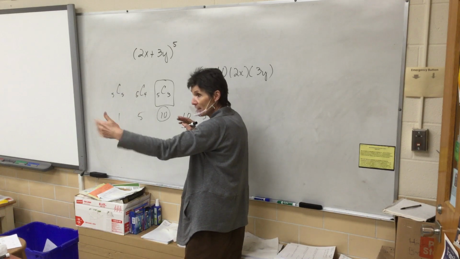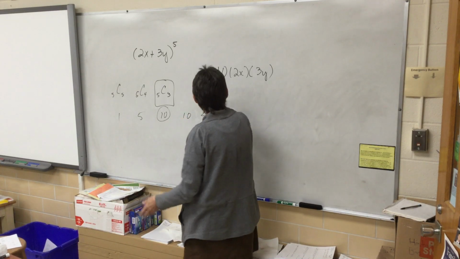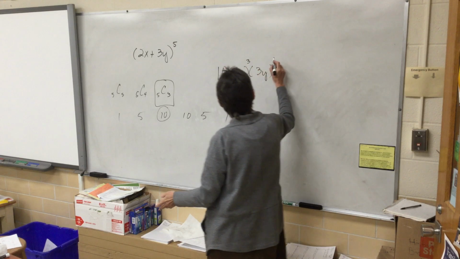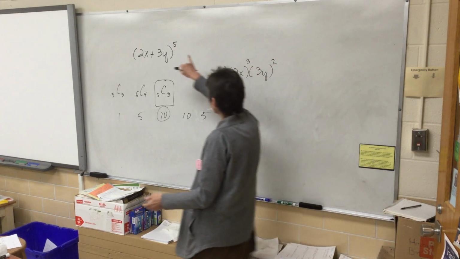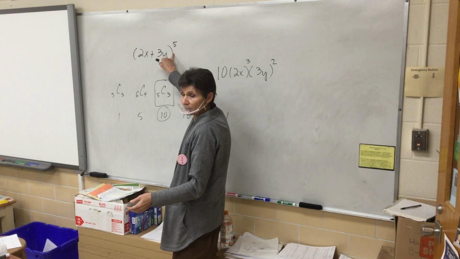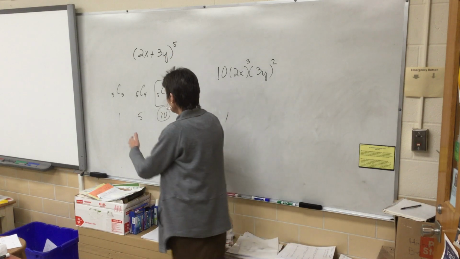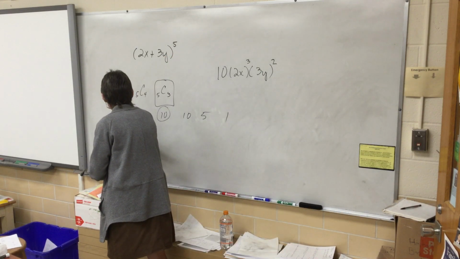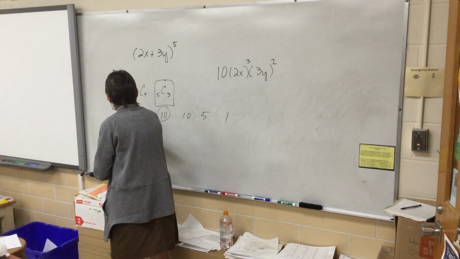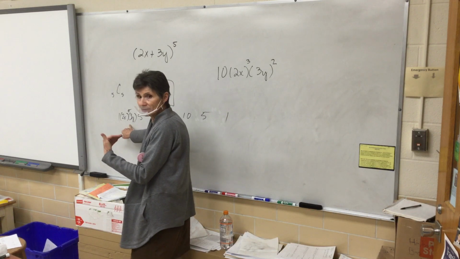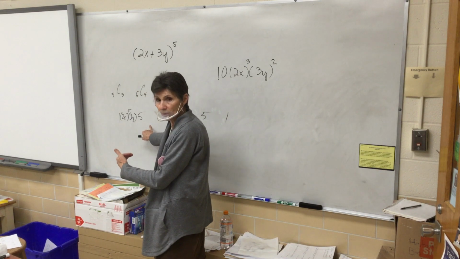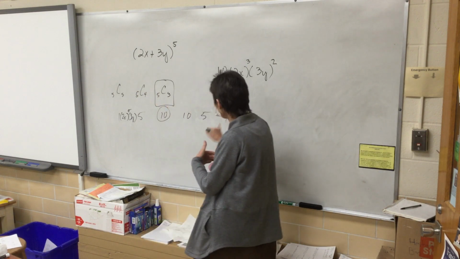Remember how they count down? So this is going to be a 3, which is automatically going to make this a 2 because they have to add up to 5. Remember, kids, if we were writing out every single one of these, the first power on the 2x, right here in the beginning, would be 5. And then here it would be 4. And then here it would be 3. The term I want is 3.